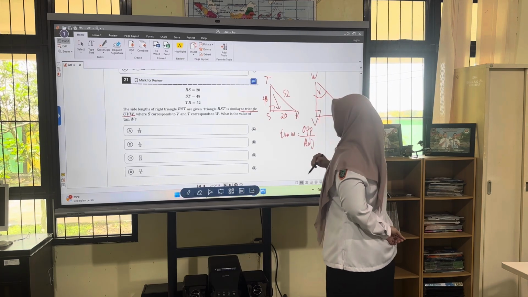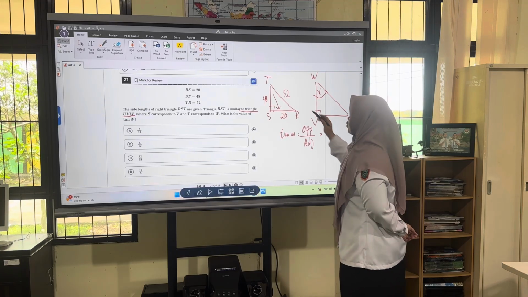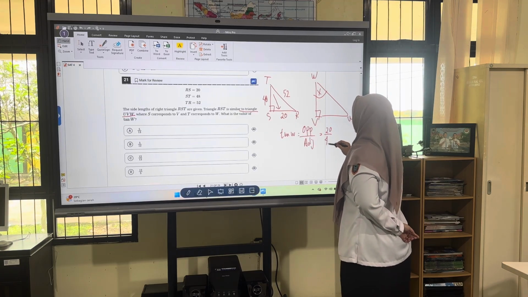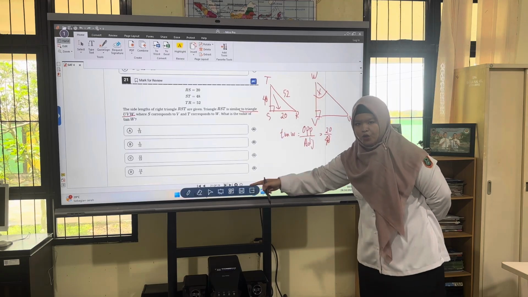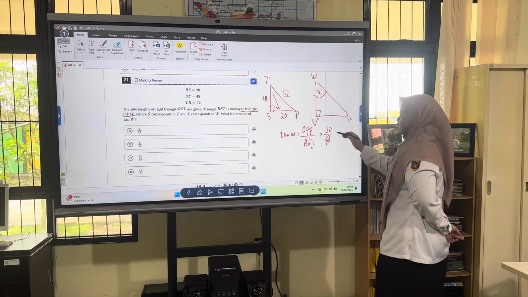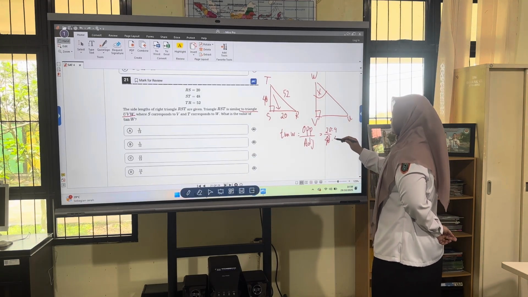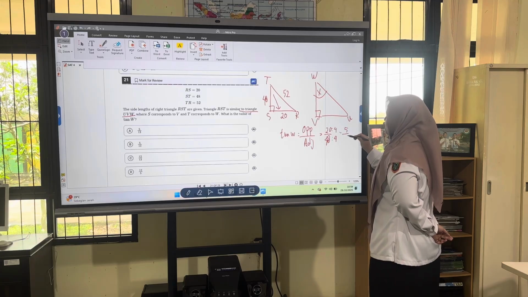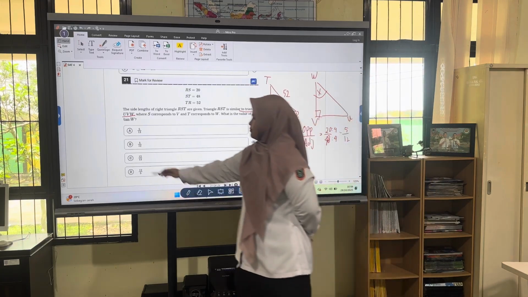Opposite is 20. Adjacent is 48. So you don't have any of the options. Yes, of course you need to divide both sides by 4. So you will get 5 over 12. So the answer will be B.